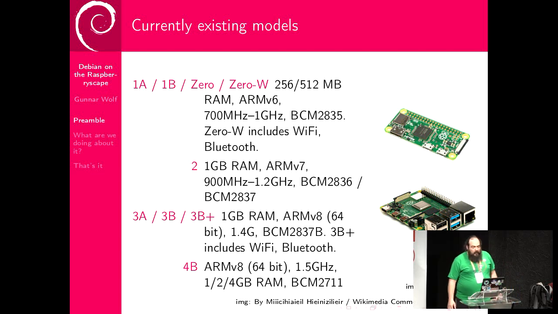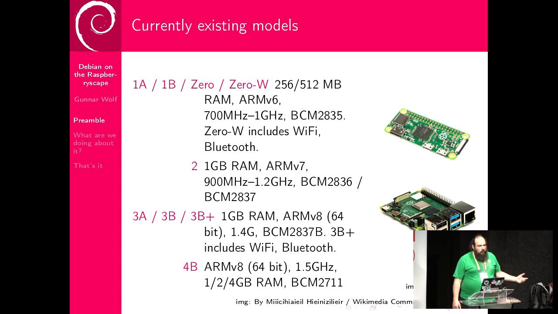Then the 3 series is already, well, a full-blown computer, I would say, comparable to current standards, low on memory, but you can do basically anything with it. It's a 64-bit architecture, and they started including wireless connectivity.